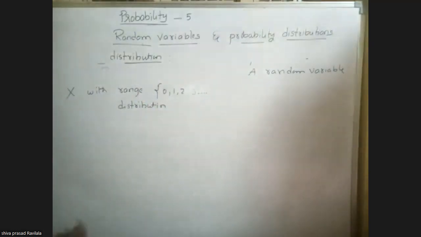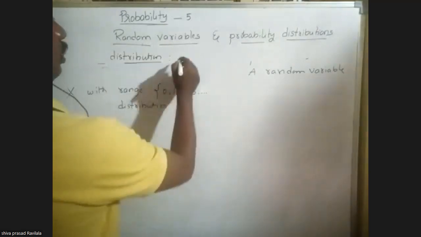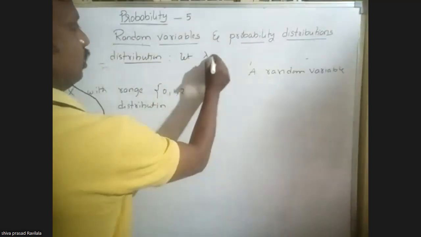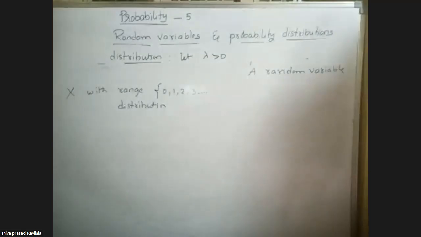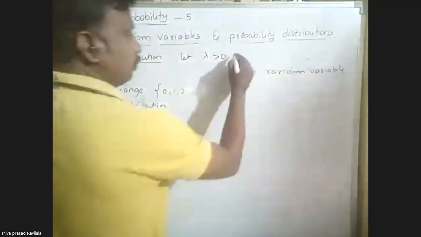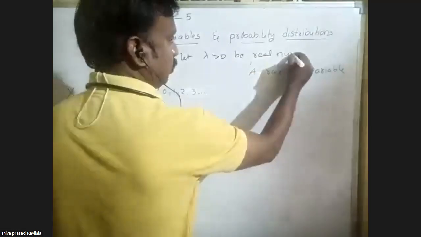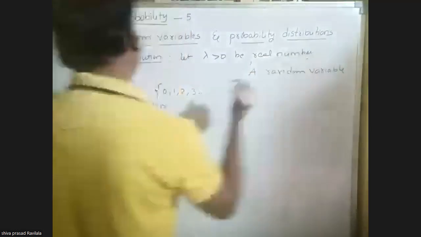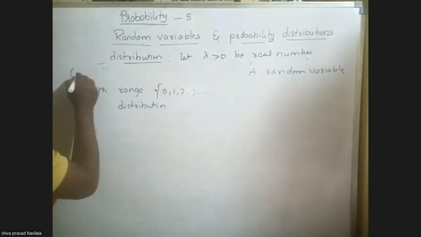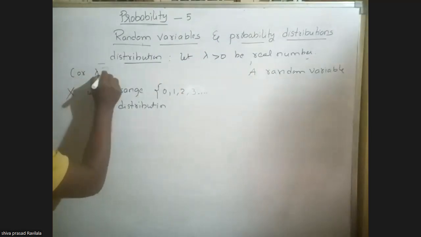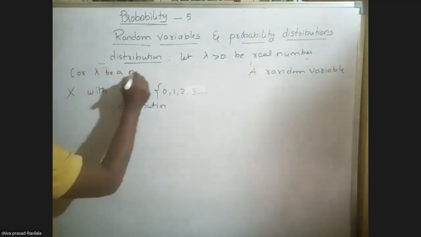Countability not fine, infinite. For example, here let lambda be greater than 0. Simply write down, lambda be a real number, and moreover that is greater than 0. Here you use that lambda as a parameter also, or lambda be a parameter.